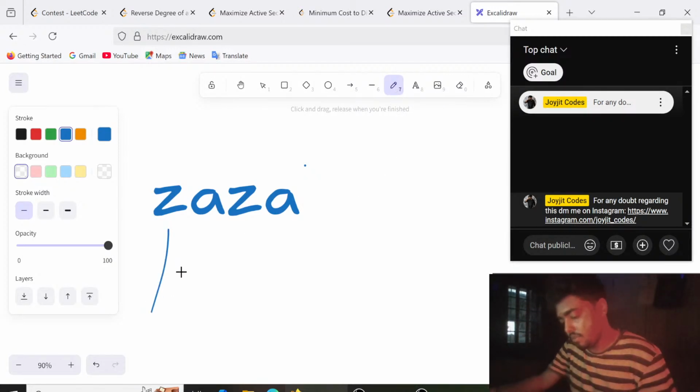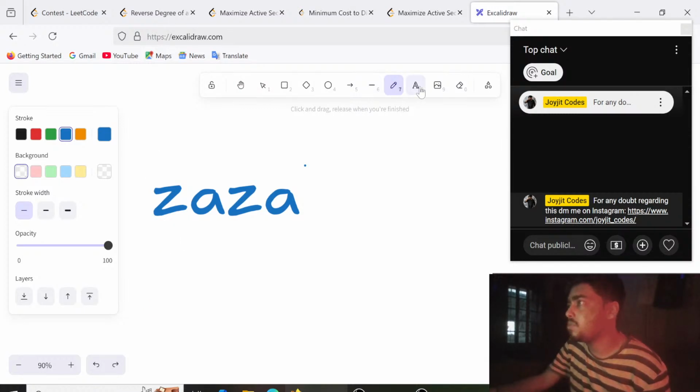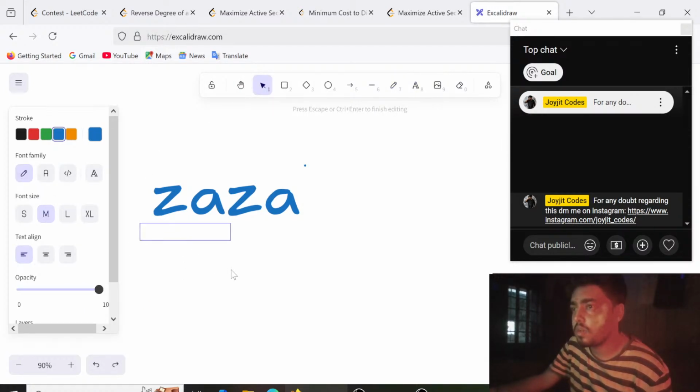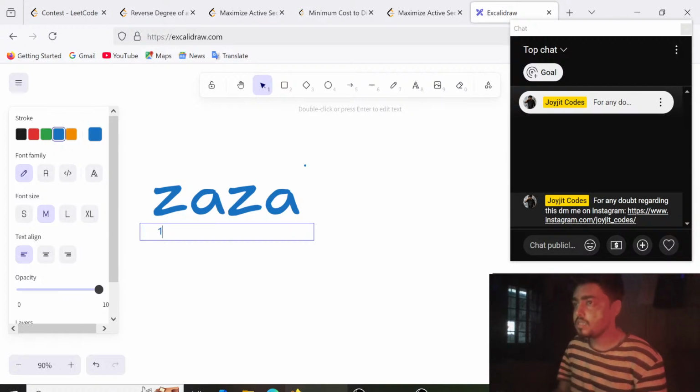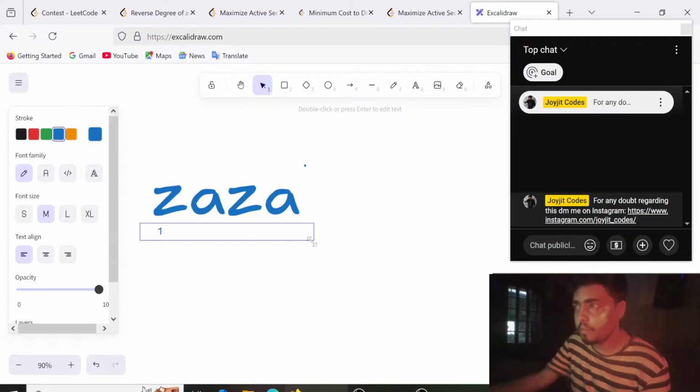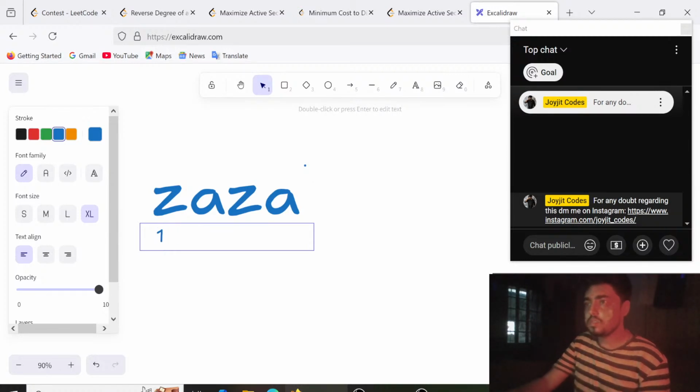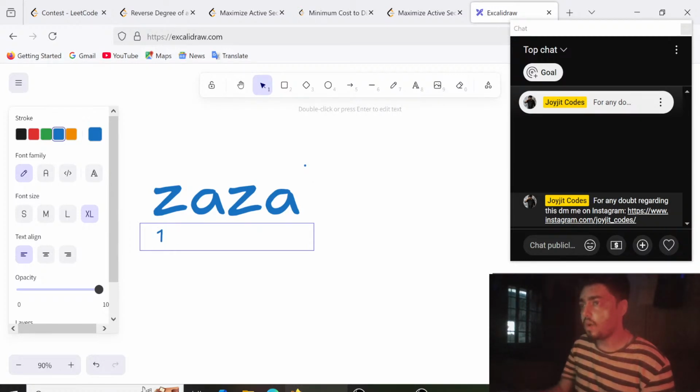Let me use a text box. So this z is 1. I'm not sure whether you guys can see it properly. The value of z is 1.